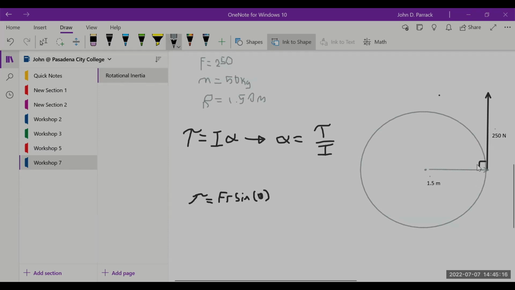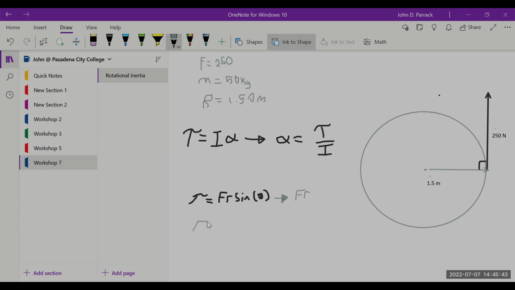Doesn't explicitly say so, but that's the common sense of it. So the sine of 90 degrees is just 1. So then tau, our torque, is just equal to F times R times 1, F R. All right, perfect. We can replace tau with F R.